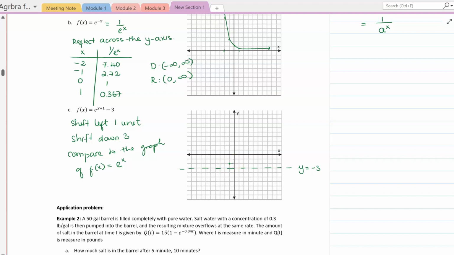So here are the points. Here f(x) = e^(x+1) - 3. So this point right here is negative 1, negative 2.